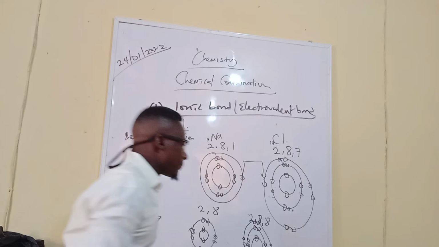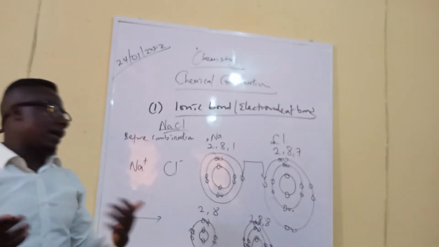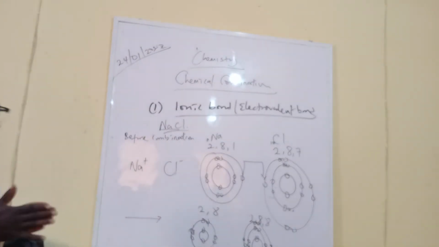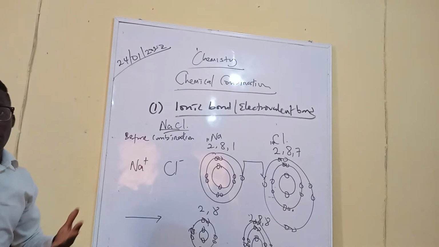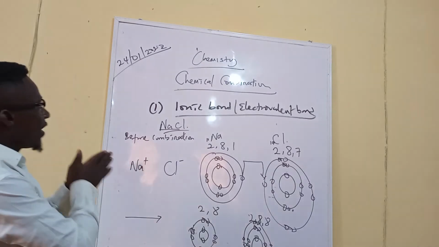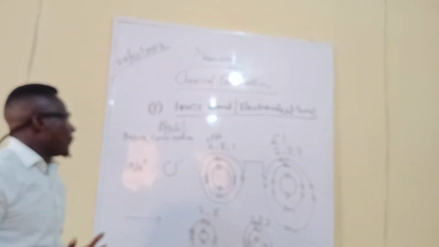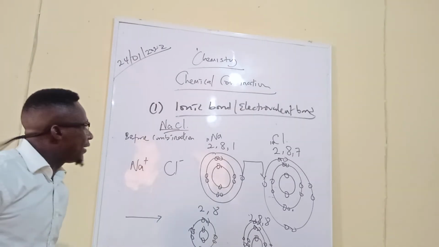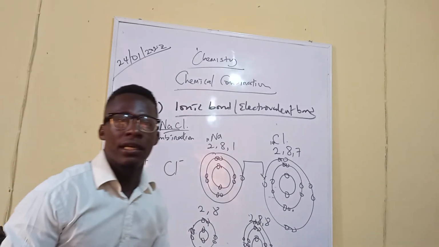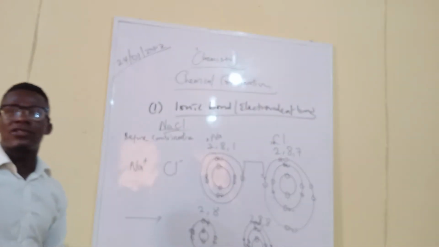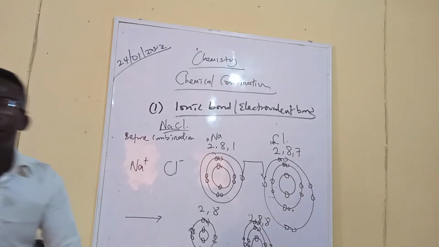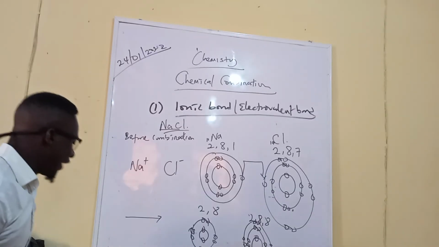Of course this is quite applicable in quite a number of ways. That takes us to the properties of electrovalent compounds or bonds. One of the properties is the ability to conduct electricity. Ionic compounds can conduct electricity because of mobile electrons.